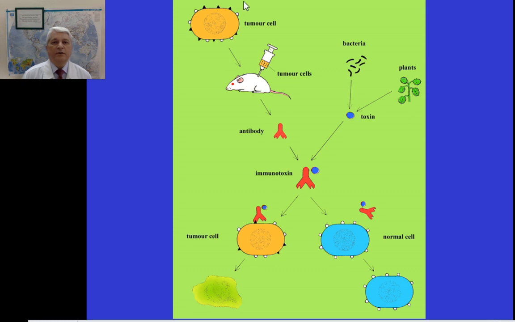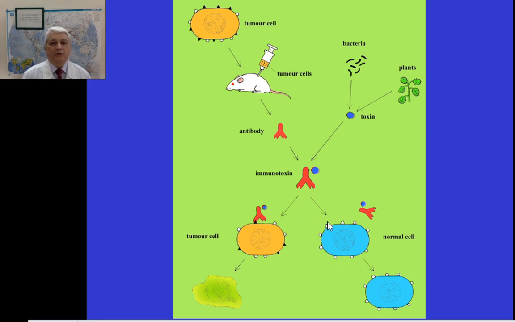So once more, patient with tumor, we use tumor cells for immunizations. For immunization, we receive by hybridoma technique specific antibodies. Then we combine these antibodies with the drug, with the poison, which must kill malignant tumor cells. Then we inject this drug to the body of the patient.